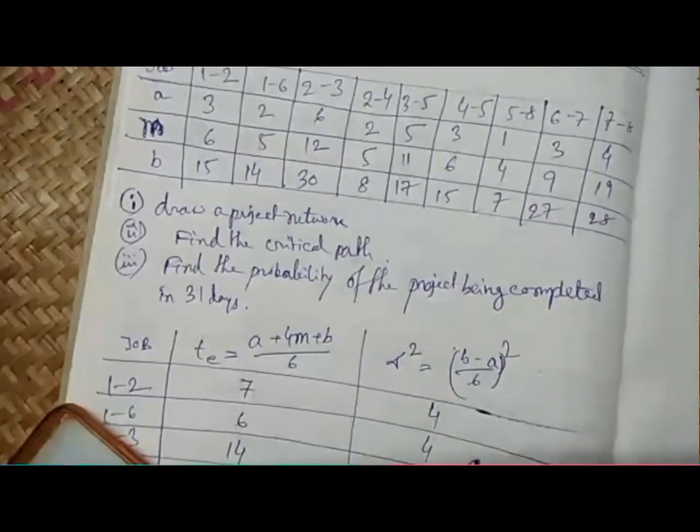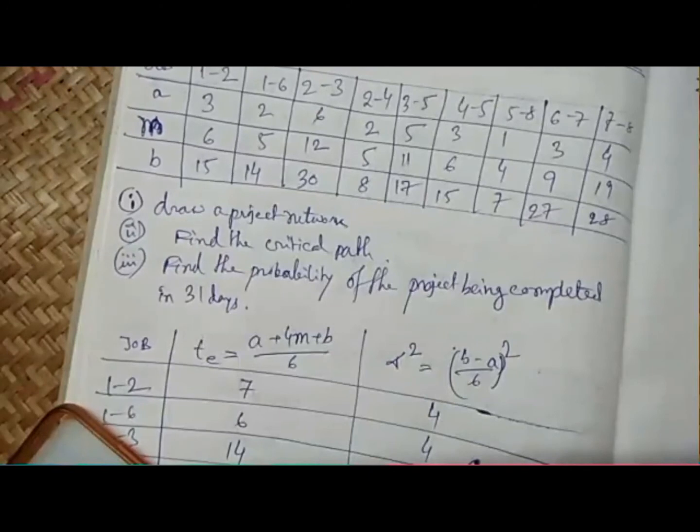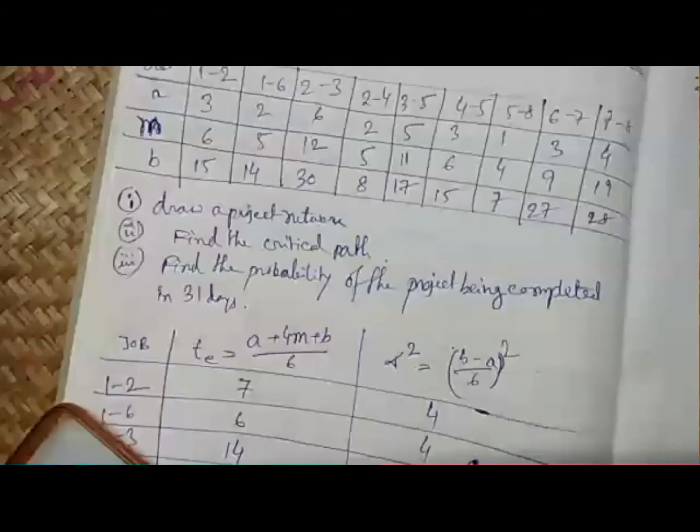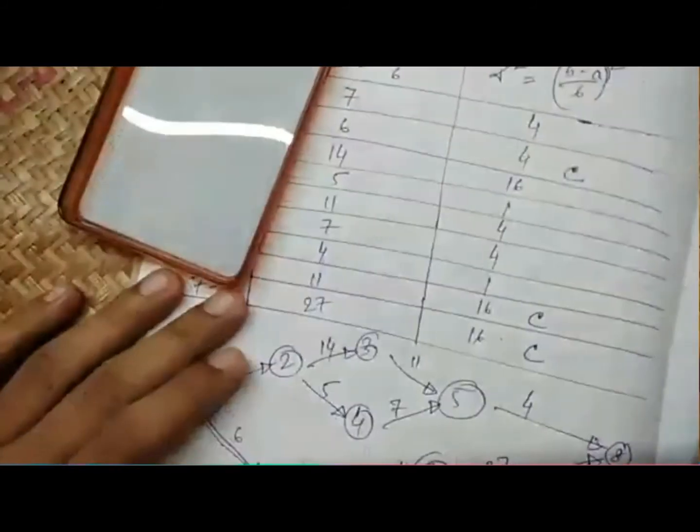Okay, the target time given is 31 days. Fine. Now our estimated days TE can be found out from here.